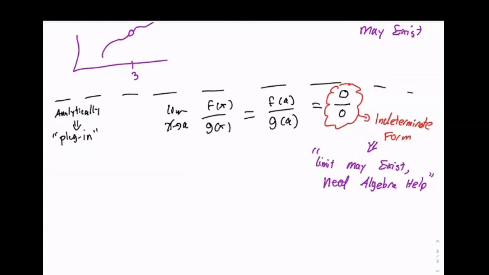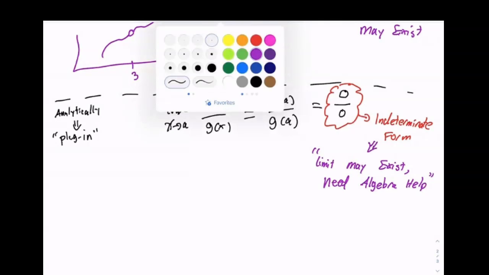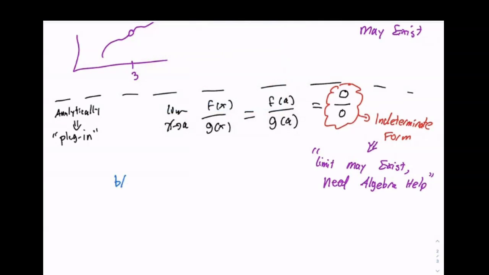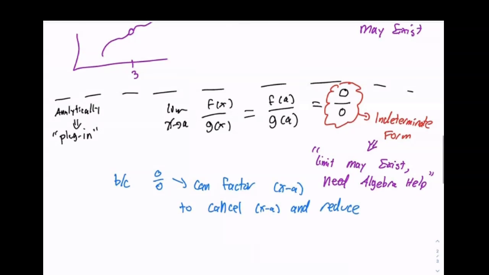So the whole key concept here is that because of 0 over 0, we can factor an x minus A, cancel x minus A, and reduce. That's the big concept here.